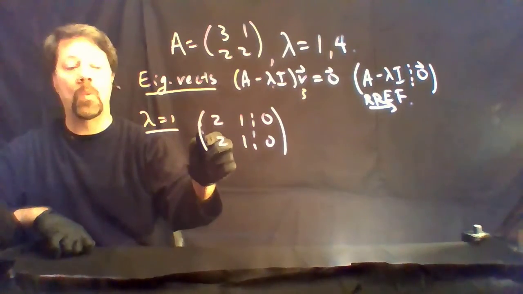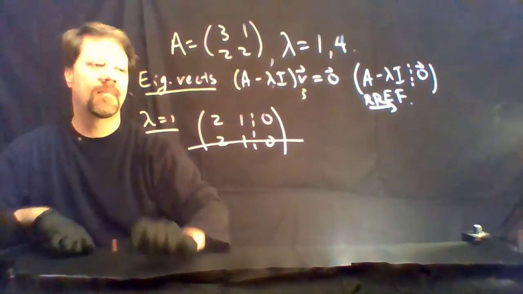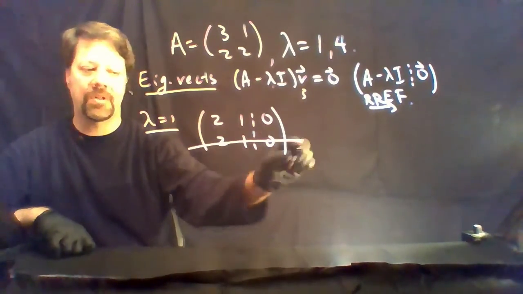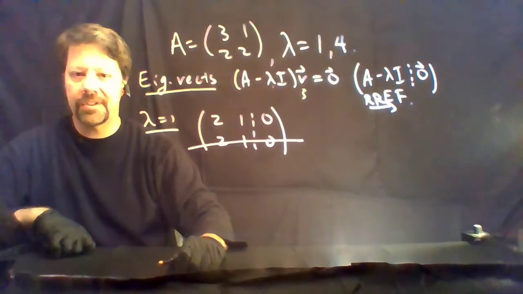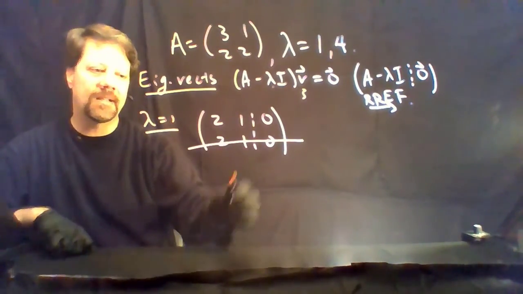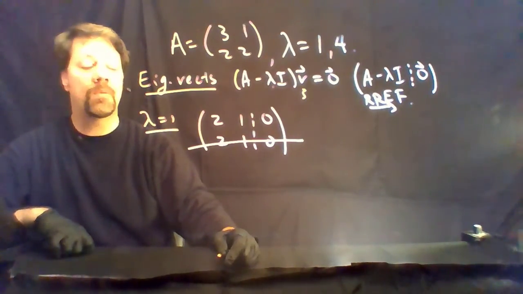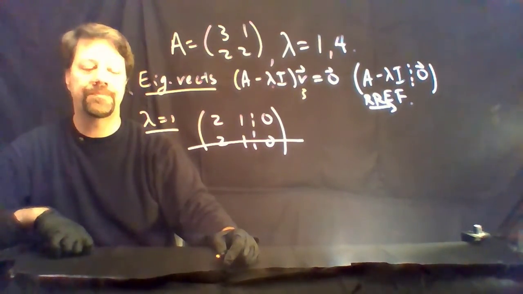Notice I can perform one elementary row operation to get an entire row of zeros here. You may always just cross out the second row if you wish. If it's a 2 by 2 matrix like this, the rows will always be dependent, which means you can always reduce it to where one row is all just zeros.